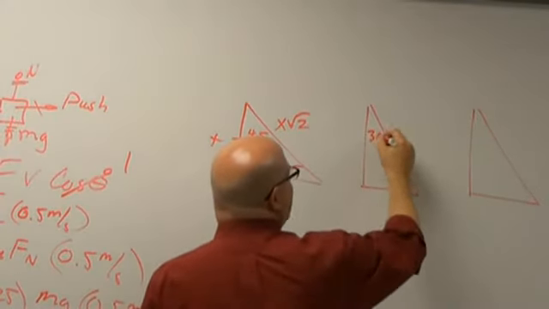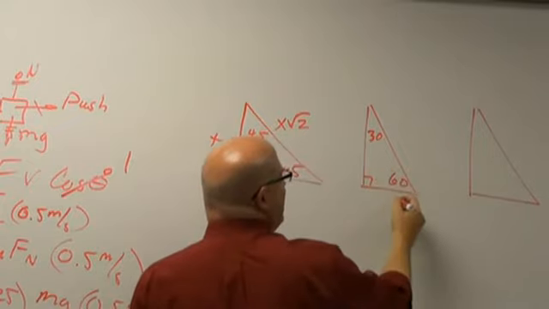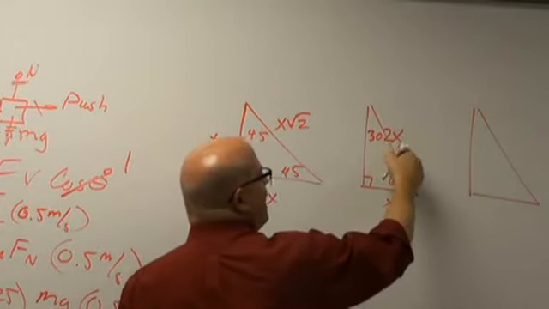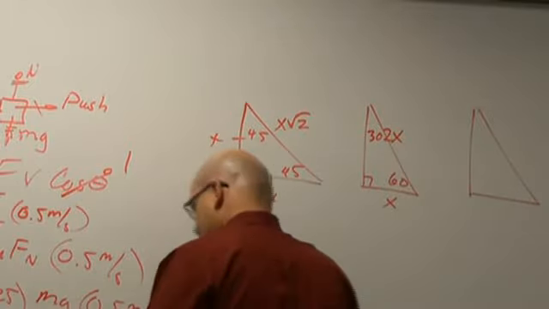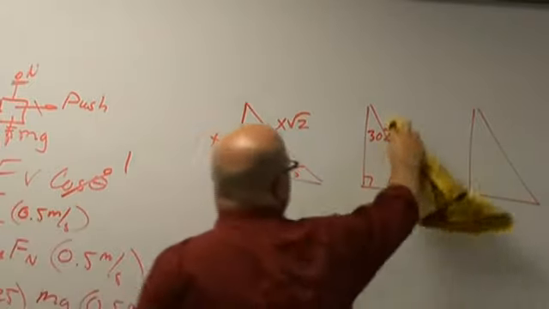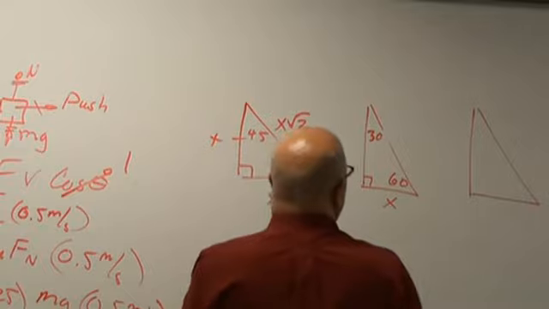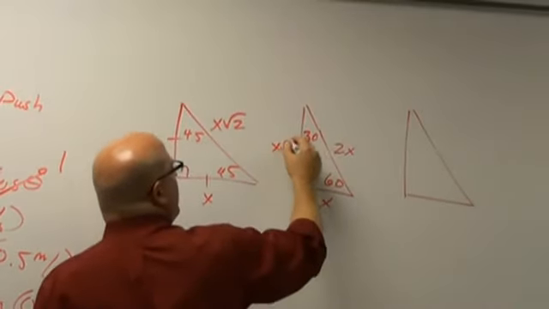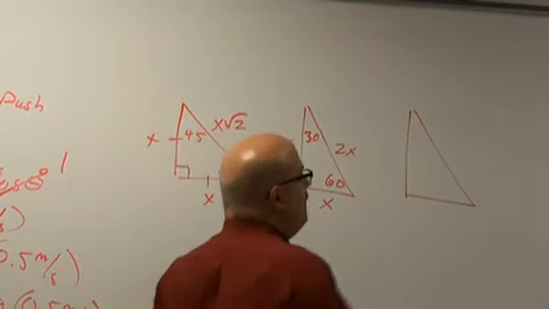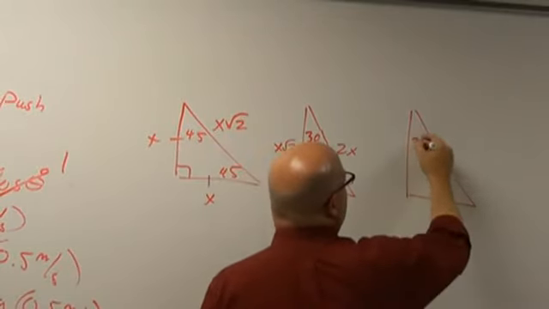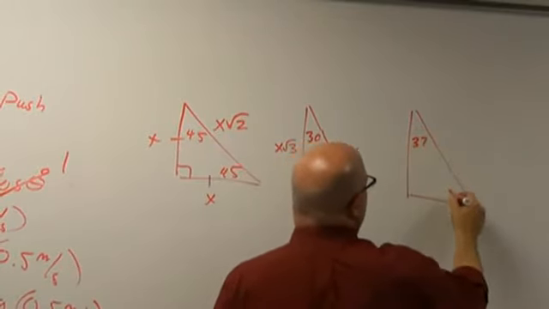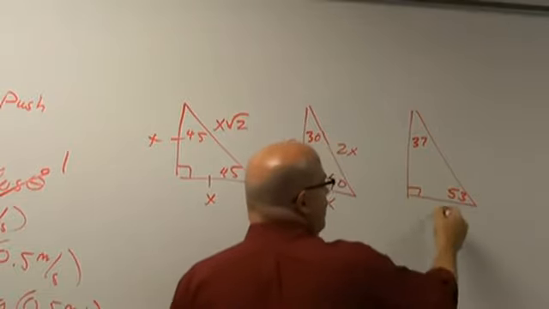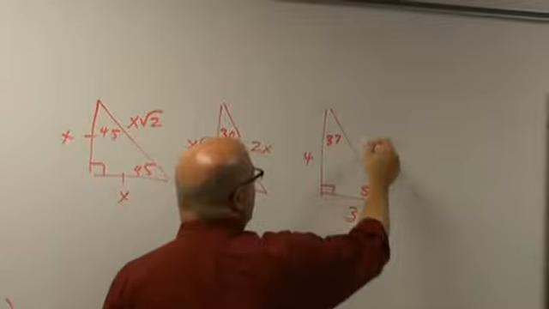We got the 30, 60, 90, where this is x, this is 2x, and this is x square root of 3. And then our last one, which is the 37, 53 degree one, and that's a 3, 4, 5 triangle.